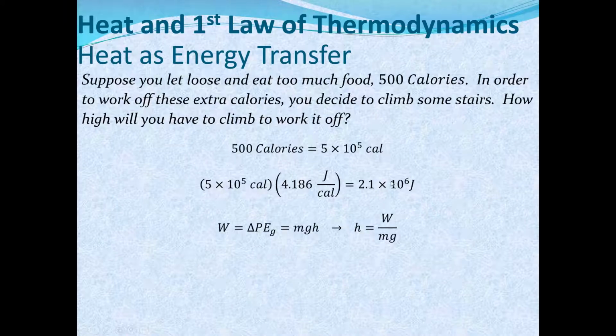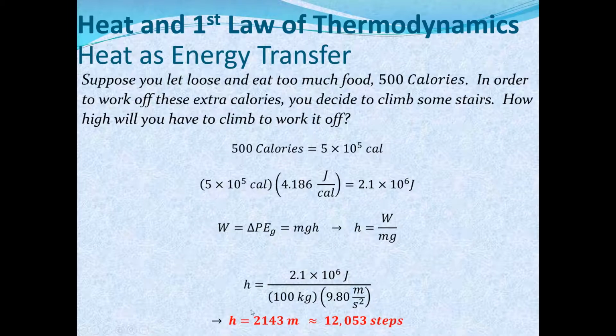So set this number in for the work that we do climbing up the stairs, plug in our mass for this, which is why it's going to be different for each person. For me, I'm going to give myself a very slimming 100 kilograms. Unfortunately, with the lockdown, not really as true.